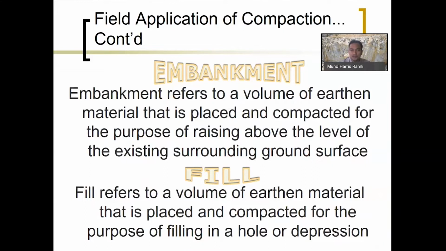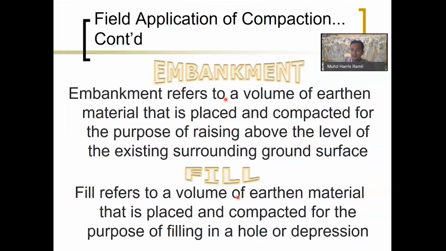So you have two. The first one, embankment, you want to raise. Even though you want to raise, you have to compact until you reach the height that you want. Why do you have to compact? You need to ensure that this earth is actually stable.